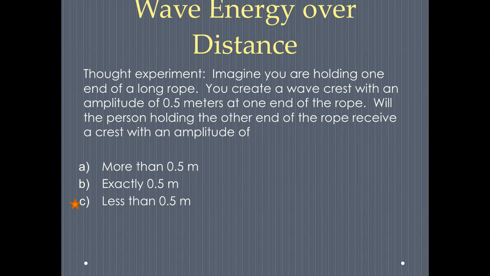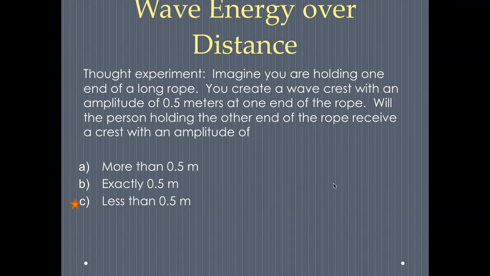The person at the other end of the rope is going to be holding that rope, and they're going to receive that crest. But my question for you, and I know the star is already up here, so y'all know, is think about it. Would they receive the same amplitude? Would it be more? Would it be less?